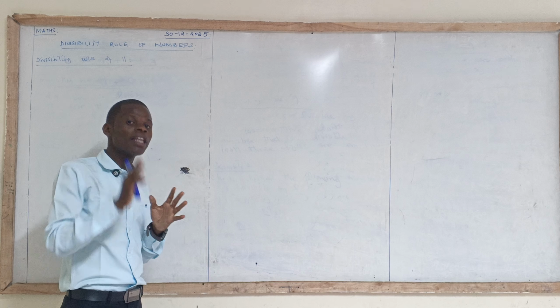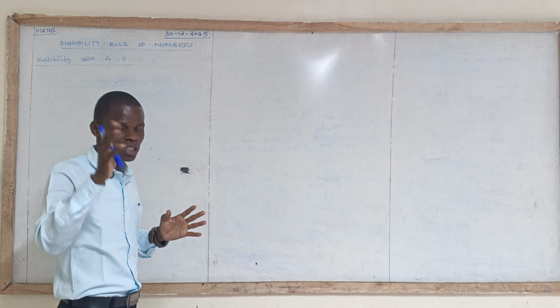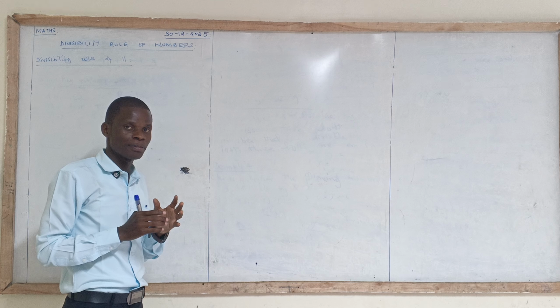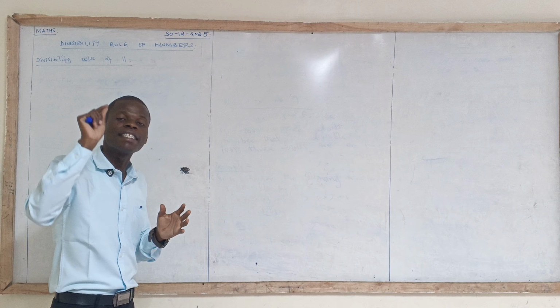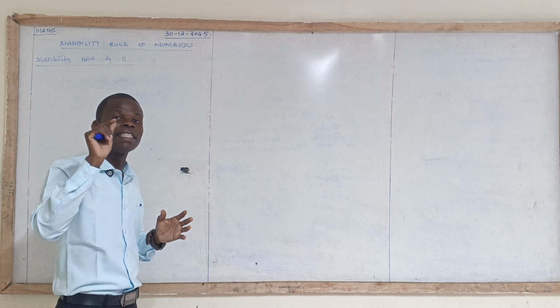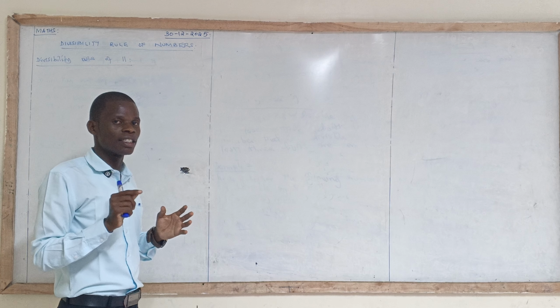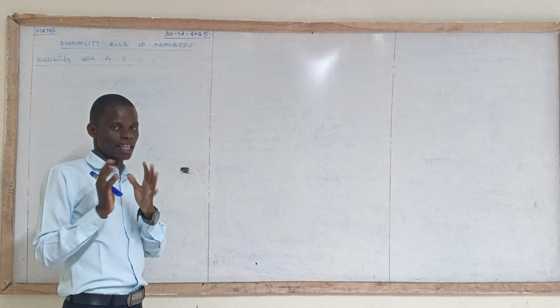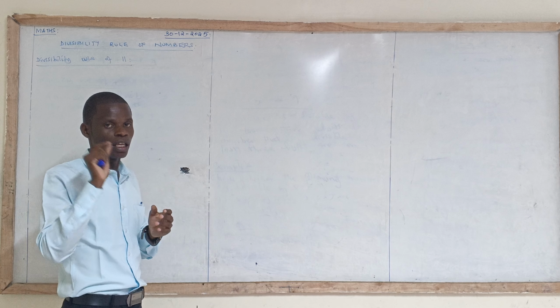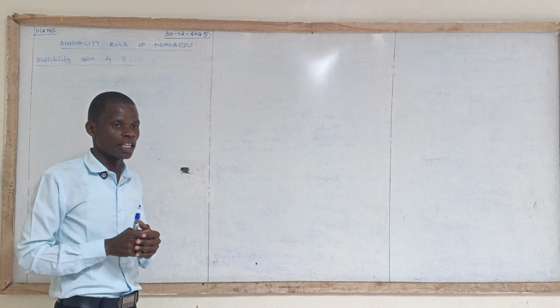Divisibility test of 3. When can we say a number is divisible by 3? A number is divisible by 3 if the sum of its digits is divisible by 3, meaning that you add the digits, get the sum, divide the sum by 3. If it is divisible, then it is divisible by 3.